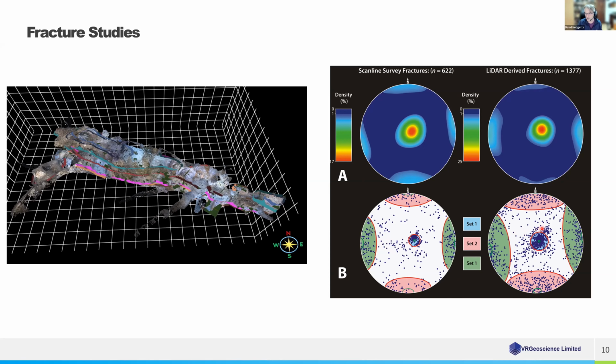The other thing to notice is that there is a slight difference in the orientations. The LiDAR-derived fractures are slightly rotated anti-clockwise compared to the scanline survey ones. What we think this is, it was an error in our georeferencing of the data set.